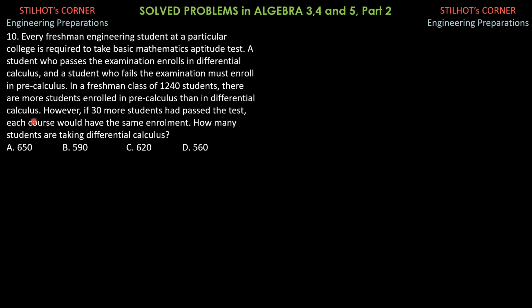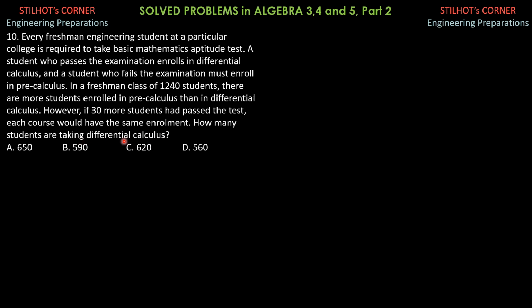So meaning to say, many were not able to qualify for the next course, which is differential calculus. However, if 30 more students had passed the test, each course would have the same enrollment. So how many students are taking differential calculus?